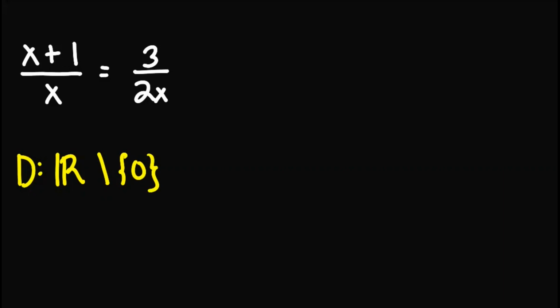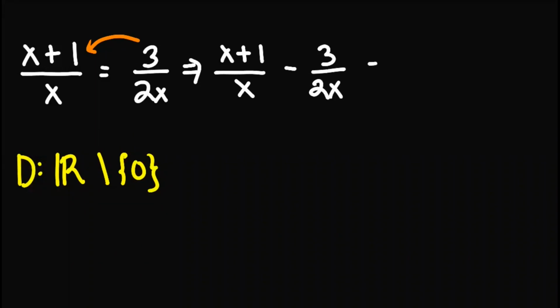So applying the zero fraction method, first we move this one to the left side to obtain x plus 1 over x minus 3 over 2x equals 0. And again, the goal is to make the denominators the same.